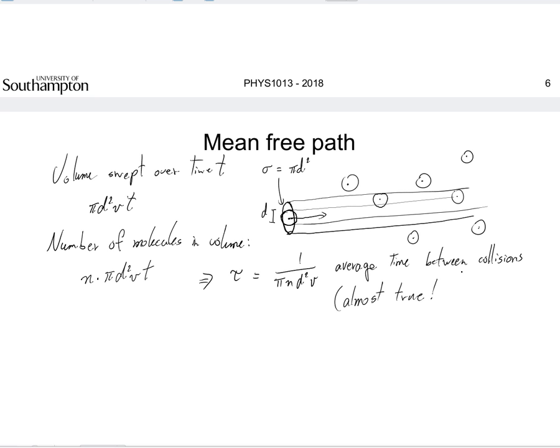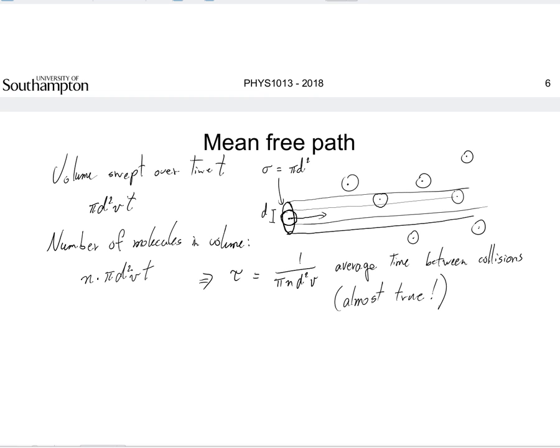We've forgotten one thing. The other molecules are actually moving also, right? You could say, well, it doesn't really matter, the density is always the same, but actually it does matter, and I'll tell you why. What we should do is consider a pair of particles, and this particle could be going this way, say, and then you go to the frame of reference where this one is not moving.